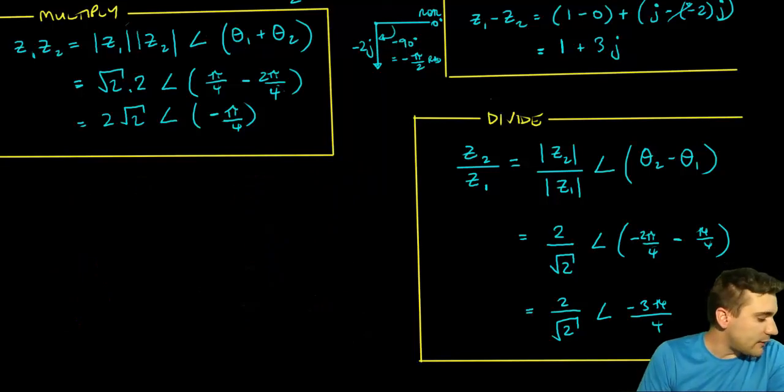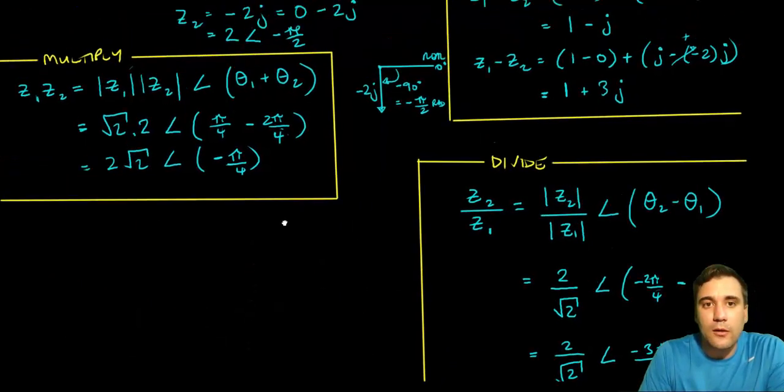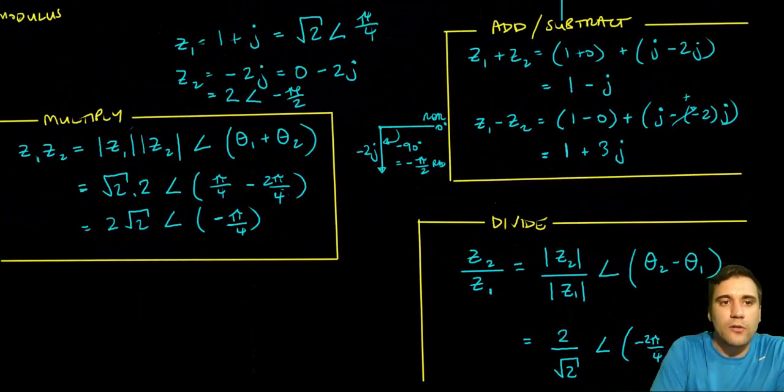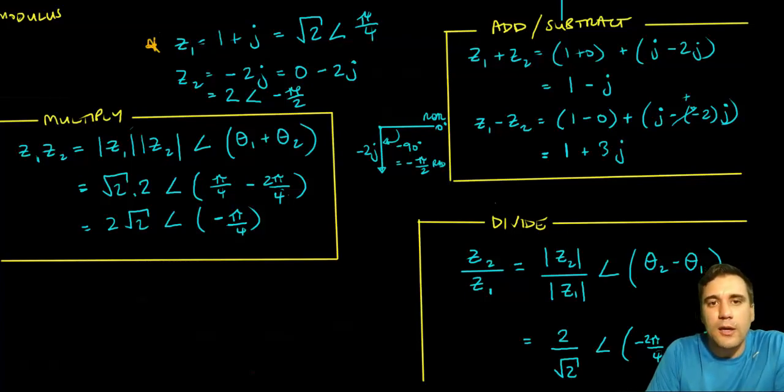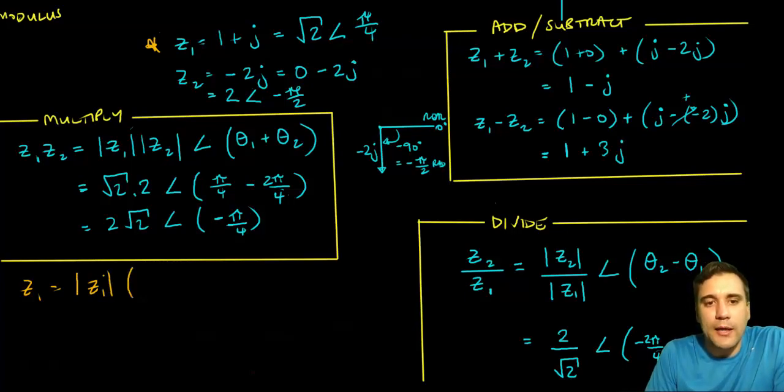The only last thing I would like to tell you is different ways that we can also express Z1 and Z2. So what we can do is we can also express Z1, this guy over here, as a magnitude multiplied by some cosine of this angle plus j sine of the angle.